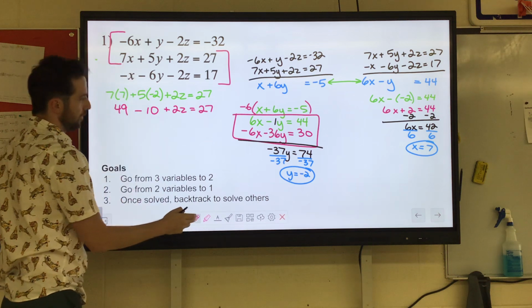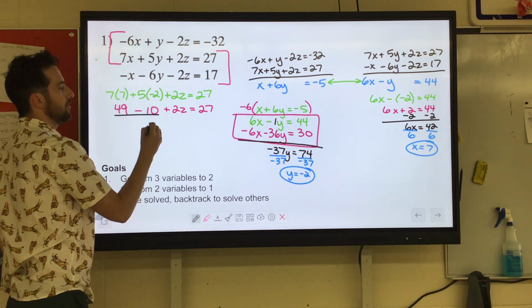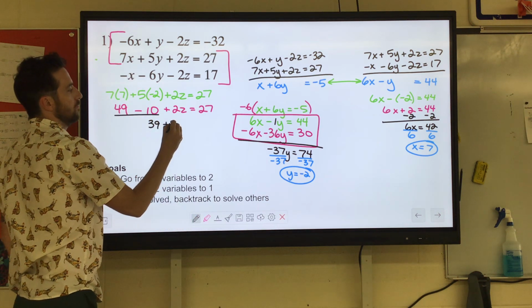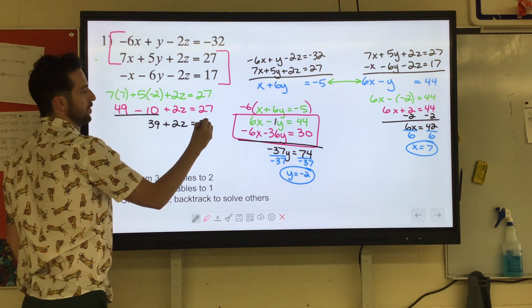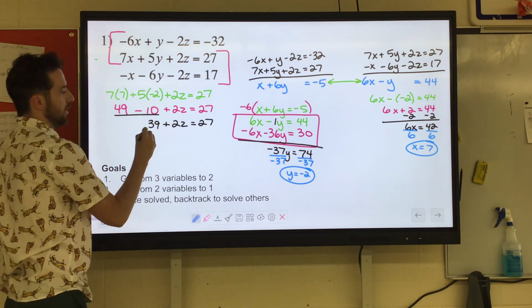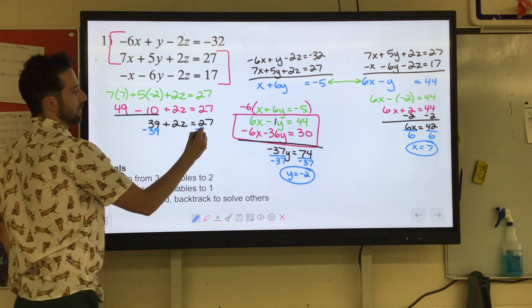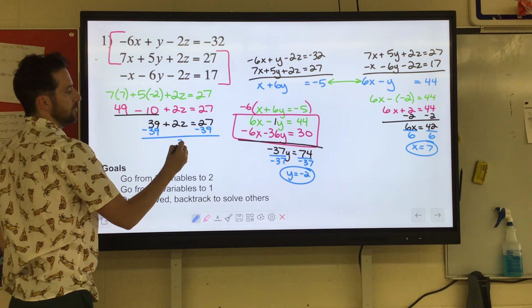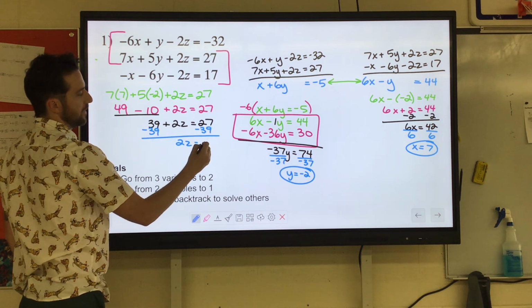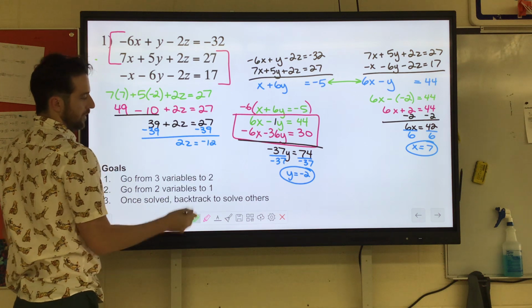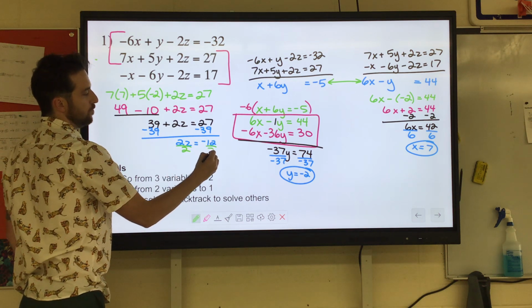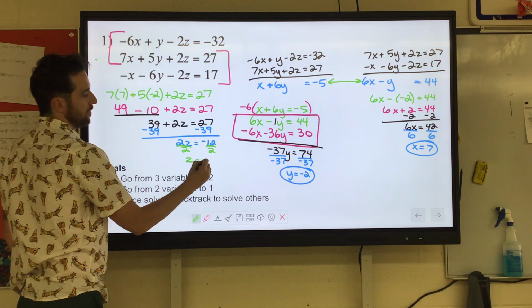All right, we're going to have to combine our like terms. 49 minus 10 is 39, plus 2z equals 27. We'll subtract 39. 2z equals negative 12. And then we can divide both sides by 2, and we get z equals negative 6.